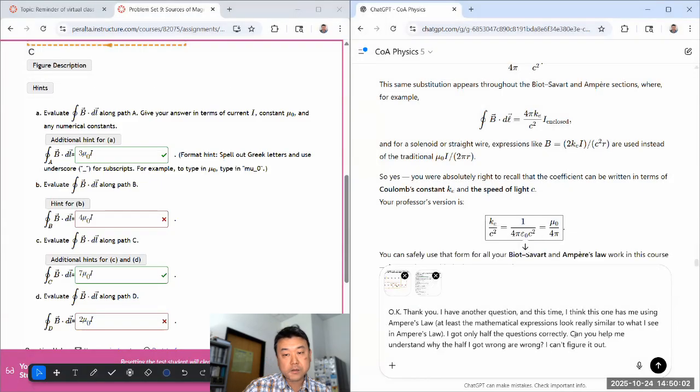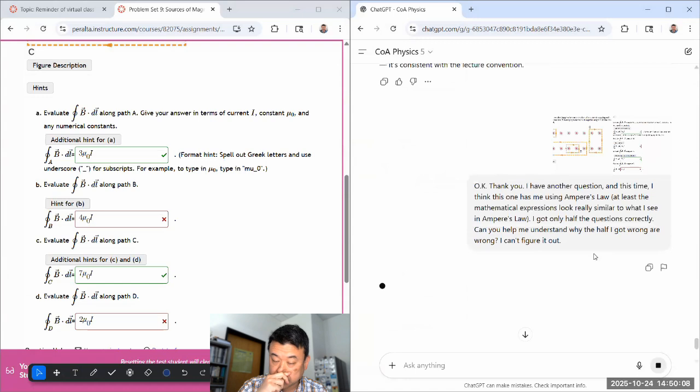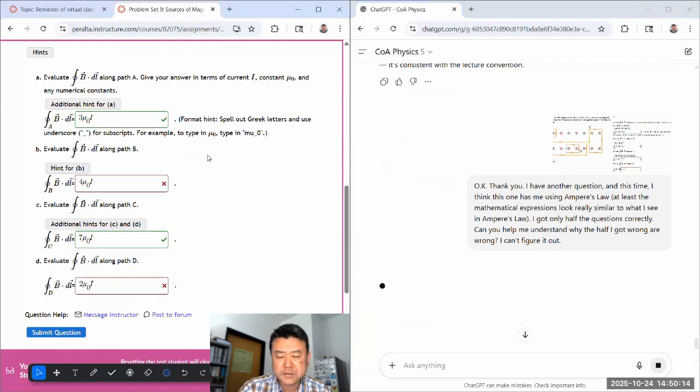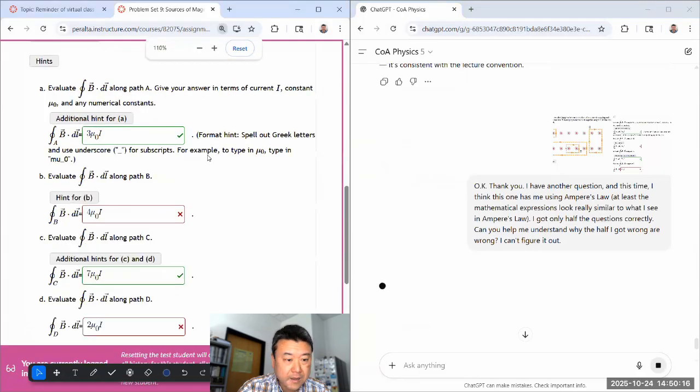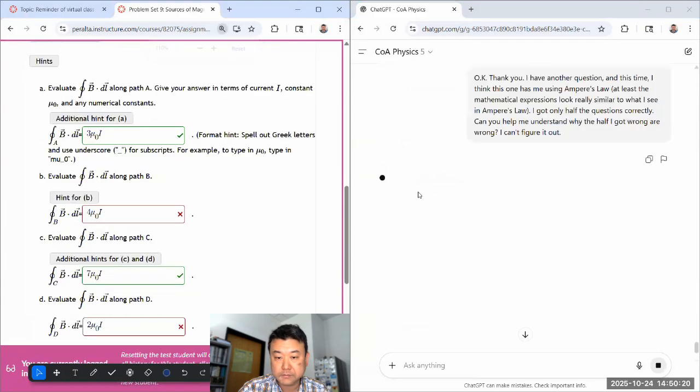Let's see how well the CoA physics GPT explains this. Here, I don't think I would mind the detail of explanation. I've tried it, and I don't think there's a way to answer this inquiry well without basically giving you all the answers. I think it's fine if it gives you all the answers, because it's not revealing too much right away.